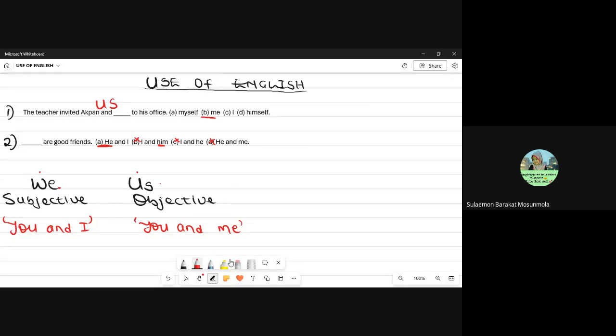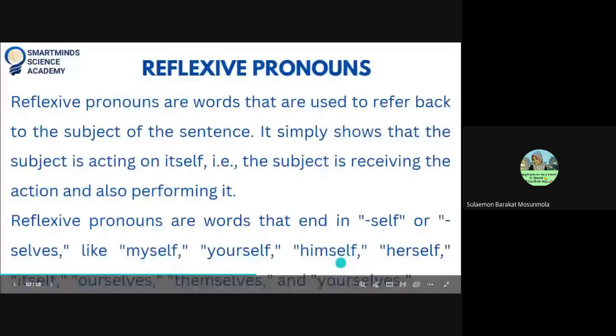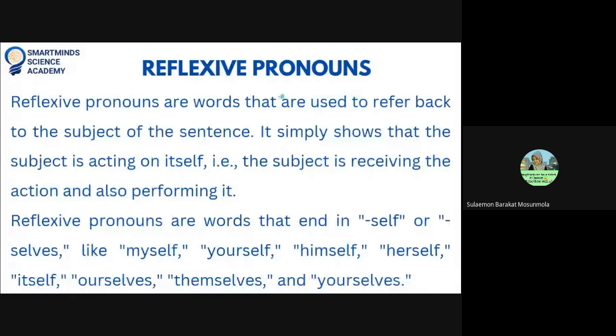So when we say reflexive pronouns, they are pronouns that are used to refer back to the subject of the sentence.